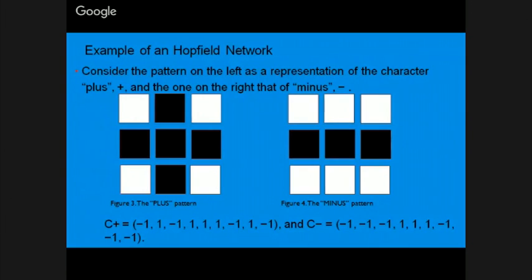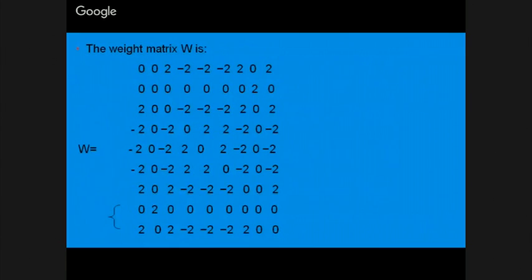And for the minus sign, the pattern C minus would be -1, -1, -1 for the first row, 1, 1, 1 for the second row, and -1, -1, -1 for the third row. If these are the two input patterns, then we have to find out the weight matrix by following the same procedure that we had done earlier.